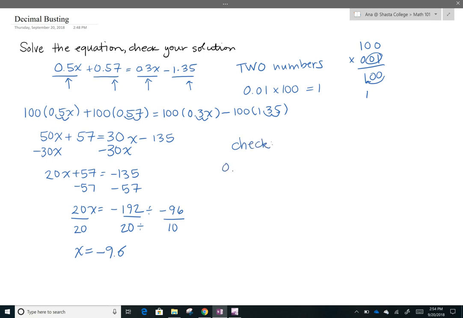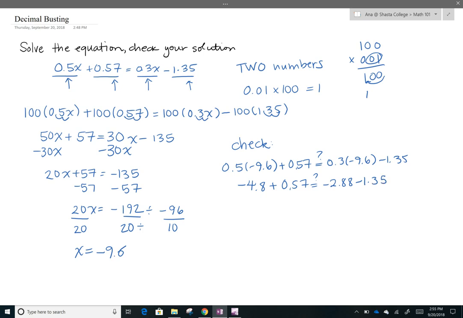I have 0.5 times negative 9.6 plus 0.57 is equal to 0.3 times negative 9.6 minus 1.35. 0.5 times negative 9.6 is negative 4.8 plus 0.57. 0.3 times negative 9.6 is negative 2.88 minus 1.35.